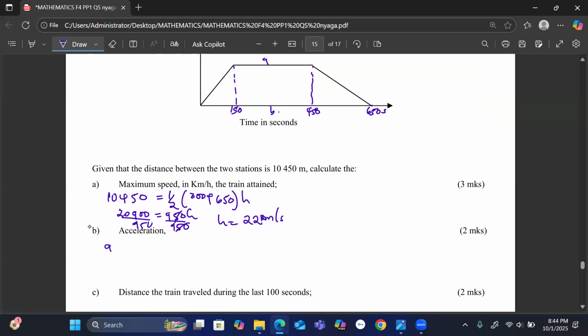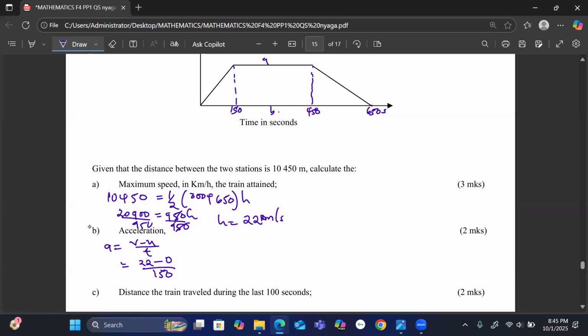Acceleration A is given by V minus U over what? Over T. You know that, so that your V is 22 minus, now U becomes what? 0, over T, the time taken to accelerate, which was 150 seconds.